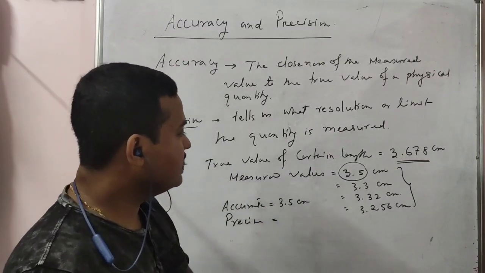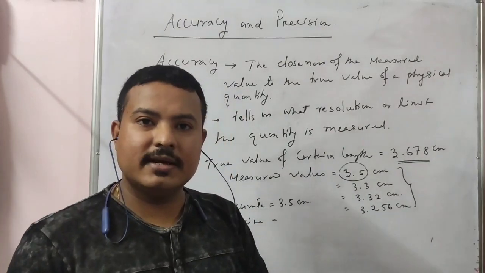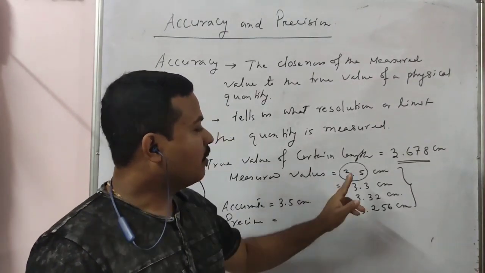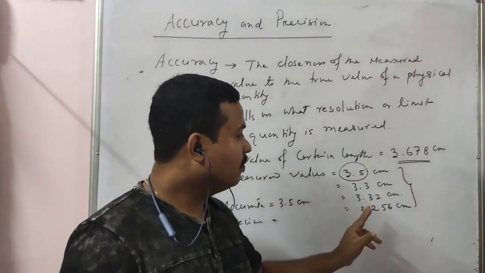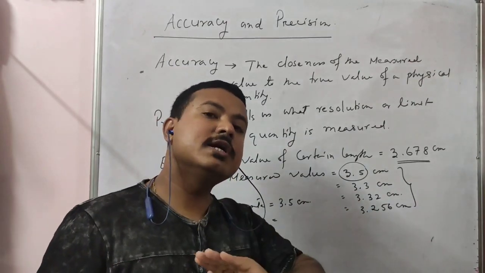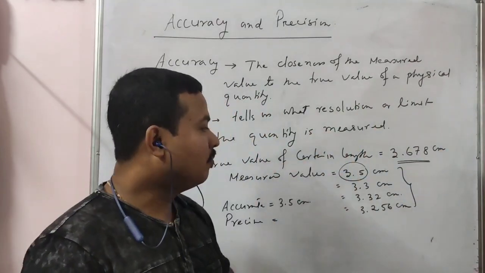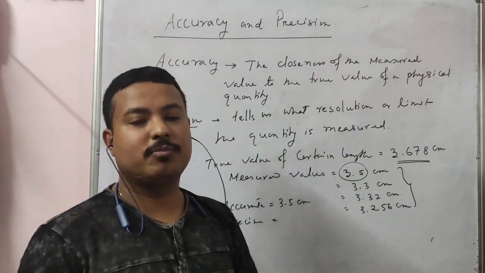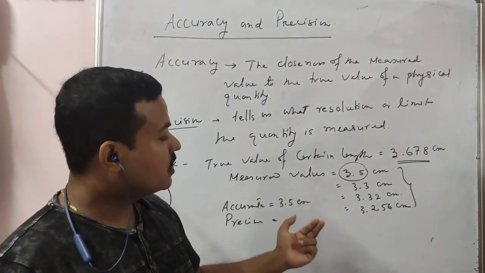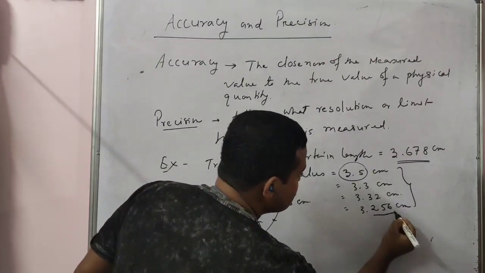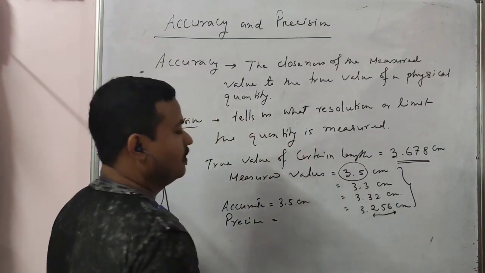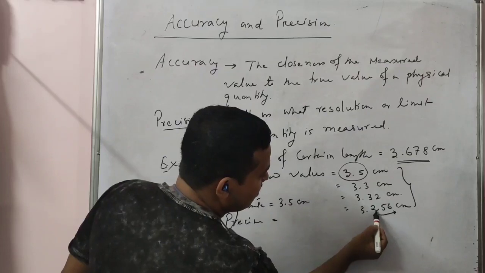But if you want the precise one, which will be more precise? So what we have to see here? We have to see up to what resolution the measurement is done. That means which measured value has more number of digits after the decimal point.